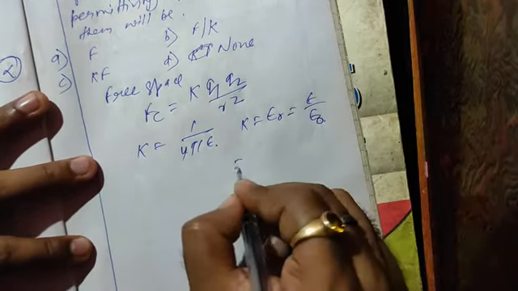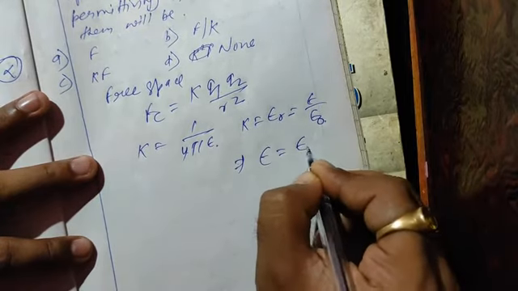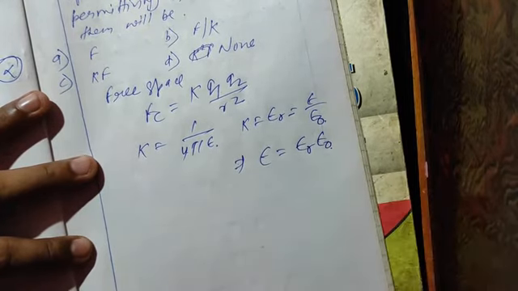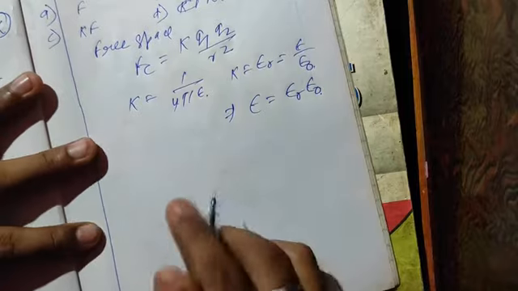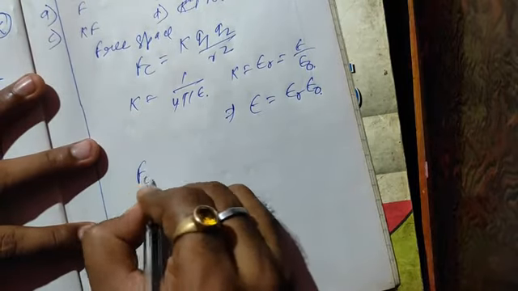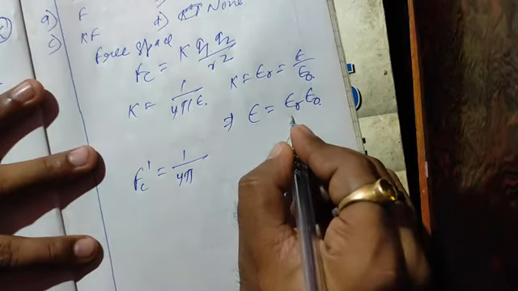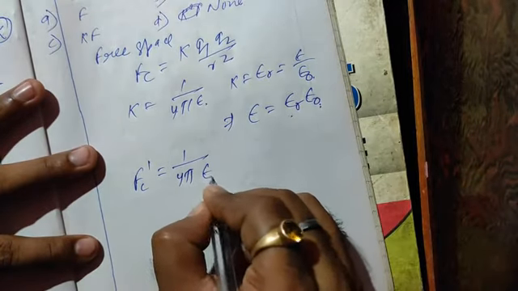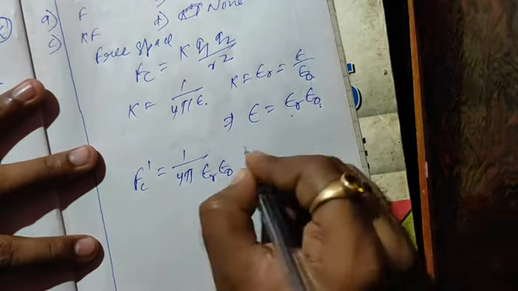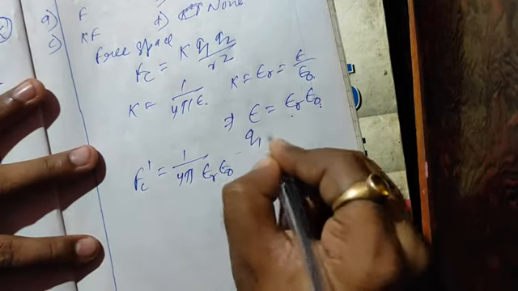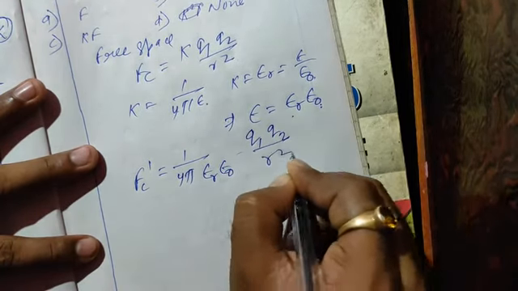So this can be written as epsilon equal to epsilon R into epsilon naught. Now the new Coulomb force is equal to 1 / 4 pi epsilon, replaced by epsilon R into epsilon naught, and the rest is the same, Q1 Q2 / R².